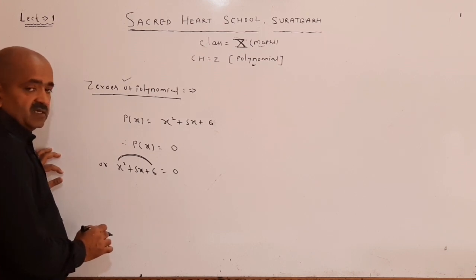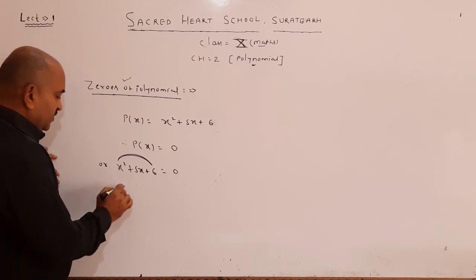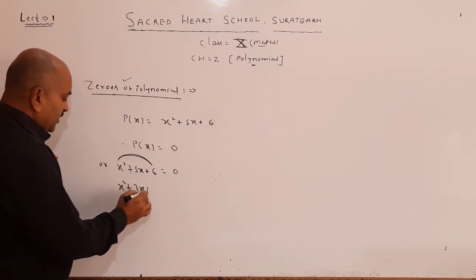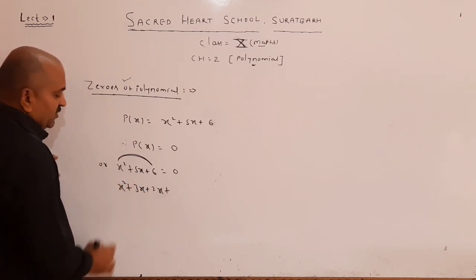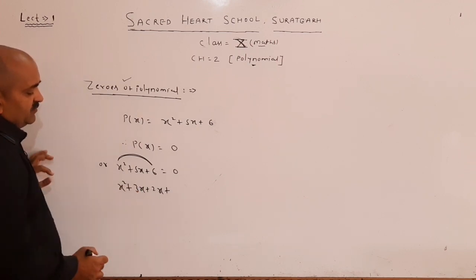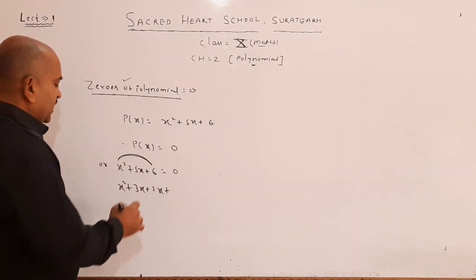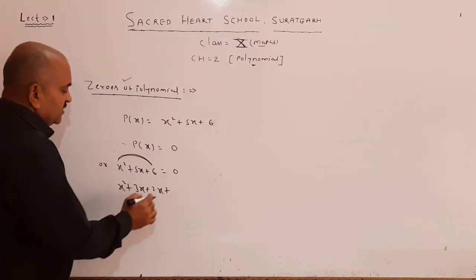So what is the suitable factor? 3 and 2. Students, 3x and 2x are suitable factors, because 3x plus 2x is 5x, and 3x into 2x is 6x square.